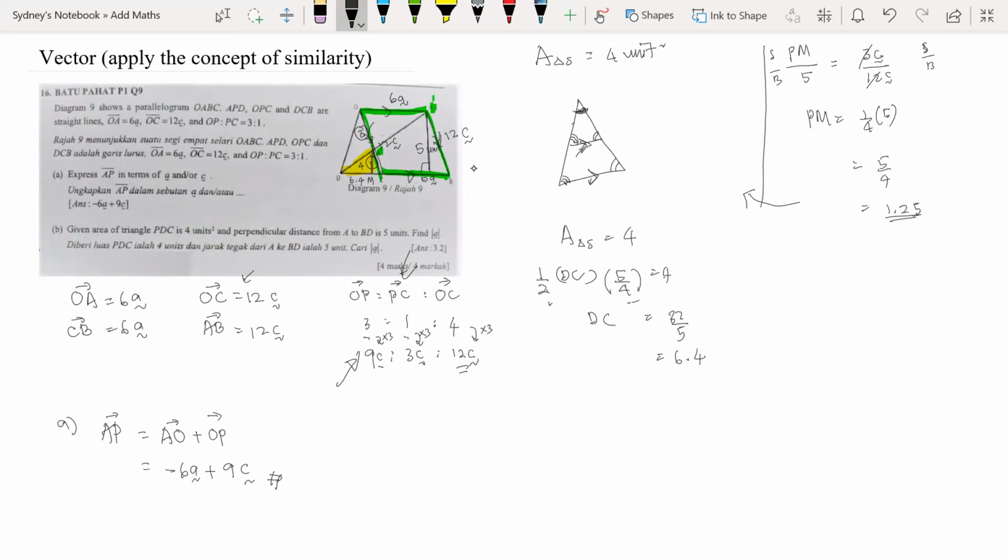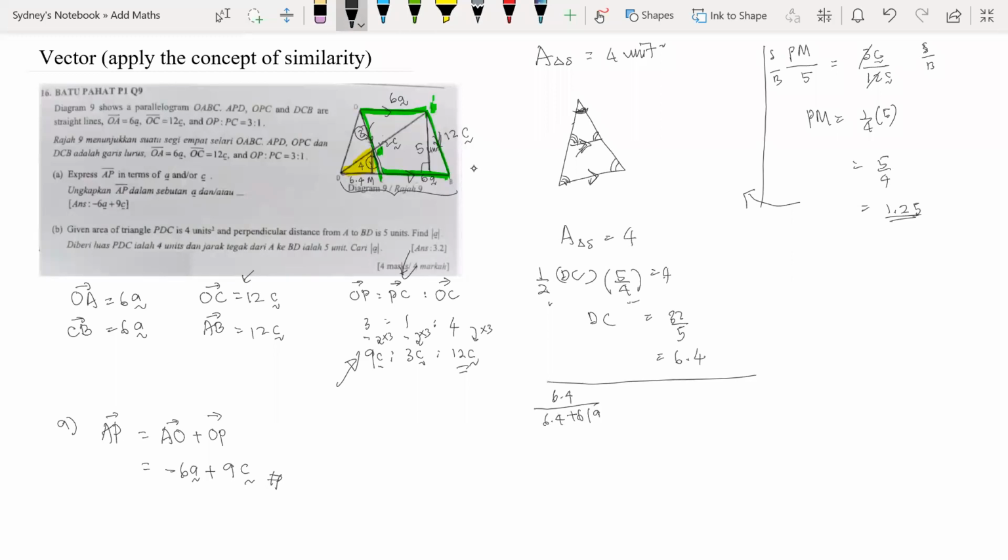Now, how do we find 6A? Over here, same thing, we can use the similarity. So the small triangle, we take the DC compared to the corresponding side of the big triangle. DC, you straight away put the value in, 6.4, over, for the big triangle, the corresponding side is 6.4 plus 6A.